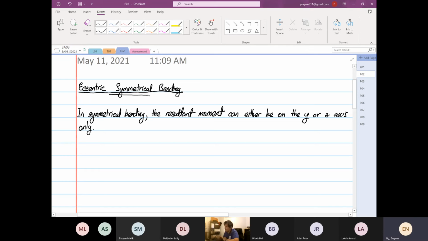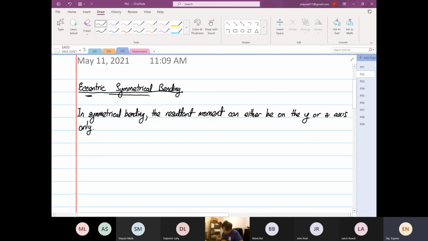So by looking at the resultant moment, if it's only on one axis, i.e. you have My and you don't have Mz, it's symmetrical bending. Or if it's Mz and no My, it's symmetrical bending. Now let's look at what I mean by eccentric.